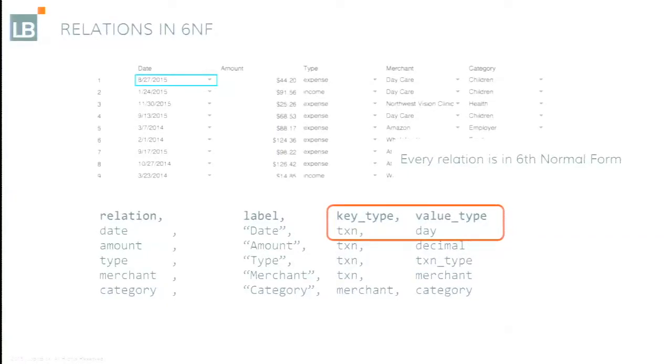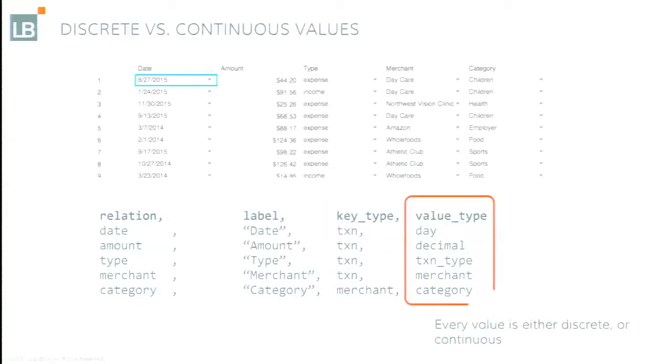All right? The second thing to notice here is that our value type can be either discrete or continuous. So decimal is continuous, whereas merchant is a discrete value type. There's only a fixed number of merchants, and there is no merchant that lies 0.895 of the way between Amazon and Whole Foods. Okay? So this is a discrete value.